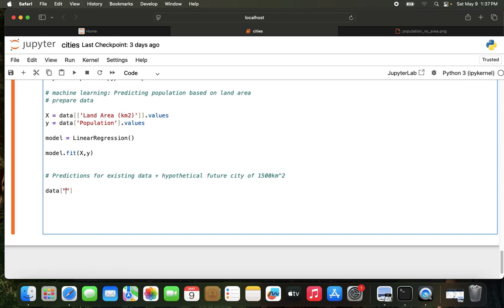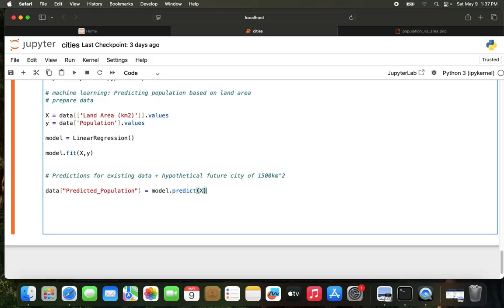Let's call that predicted population, equals model.predict. So we're going to pass x here.